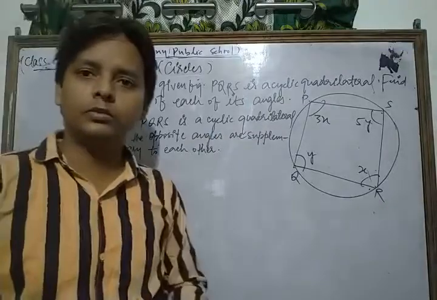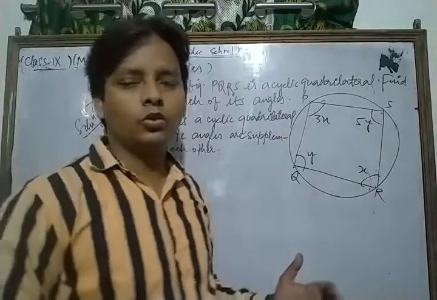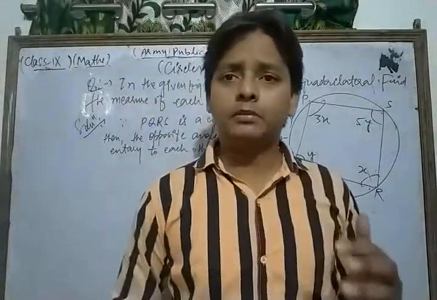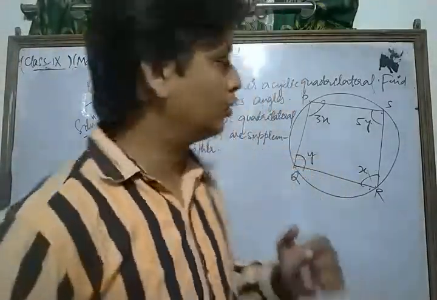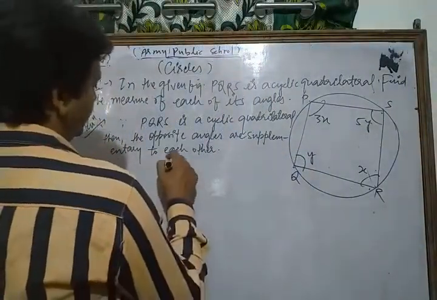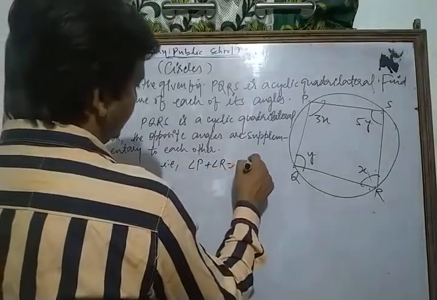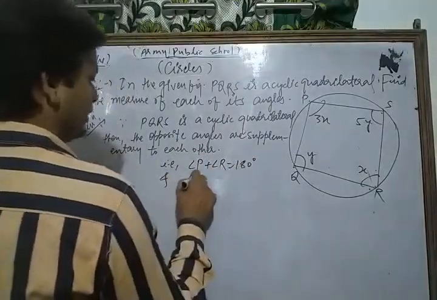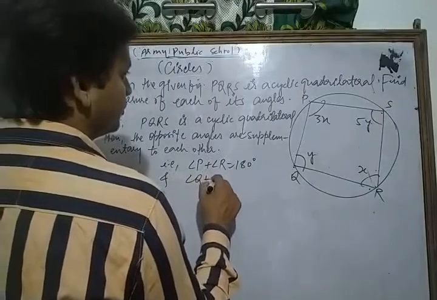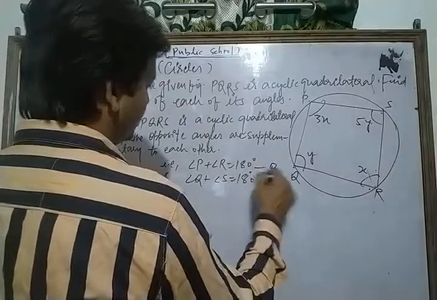Since PQRS is a cyclic quadrilateral, the opposite angles must be supplementary to each other. So angle P plus angle R is equal to 180, as well as angle Q plus angle S is 180. Take these as equation number 1 and equation number 2.